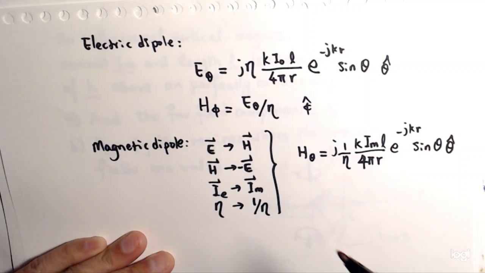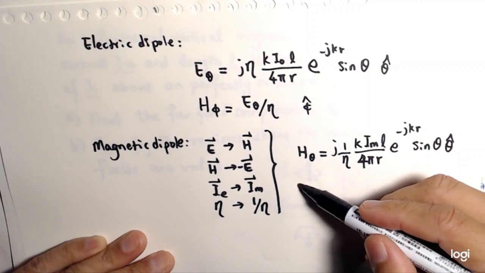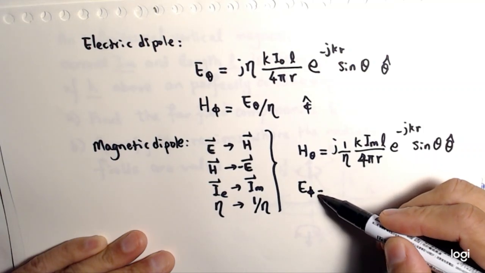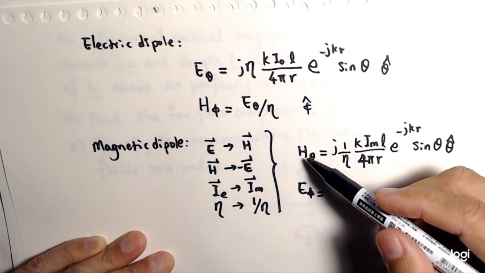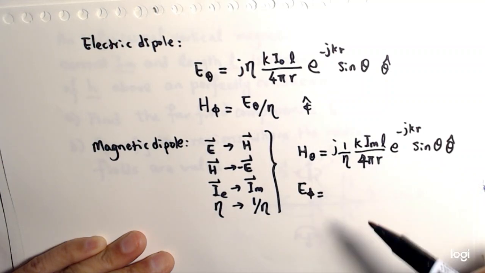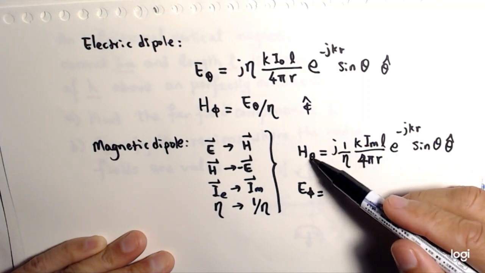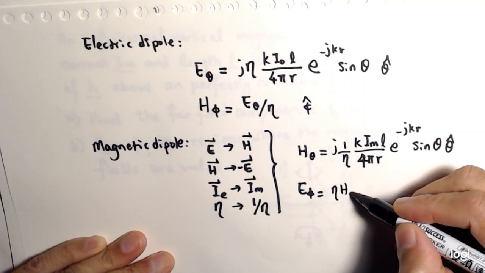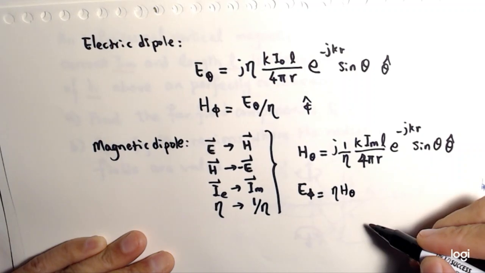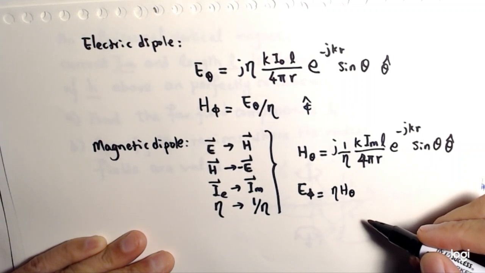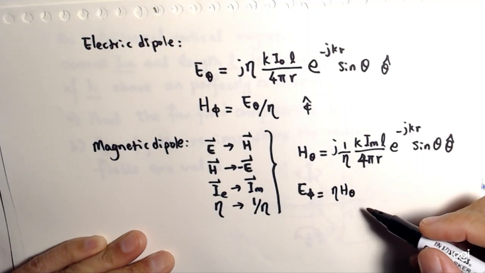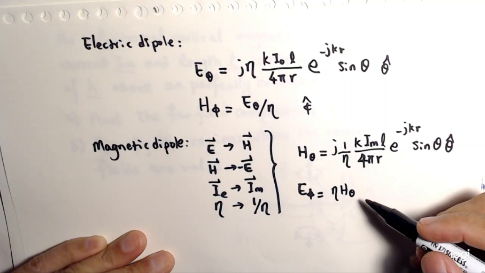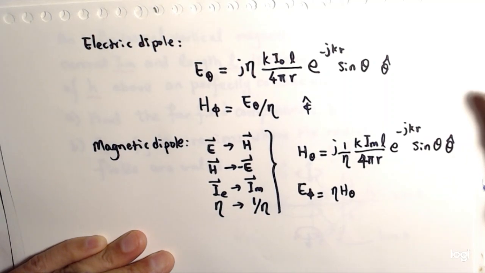And for the electric field, it will be like this, and then it will be the electric field divided by this. So it will be this one multiplied by this. And in this case, what I get here is that the electric field is multiplied.